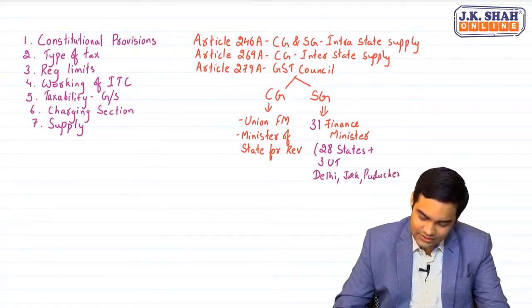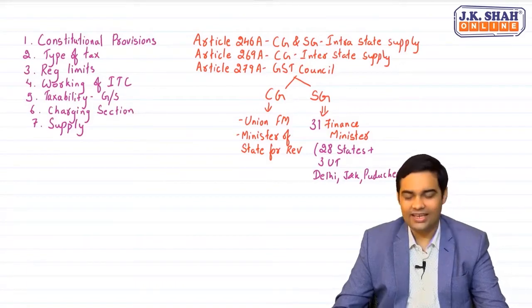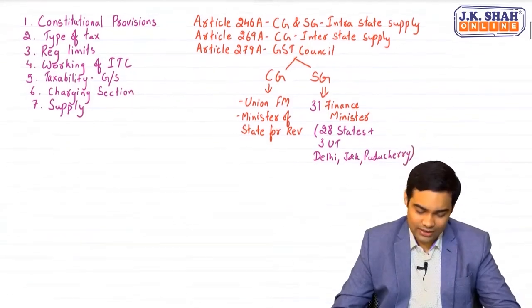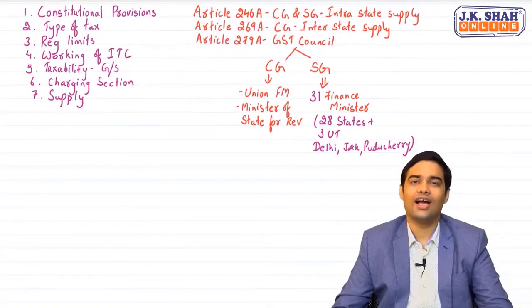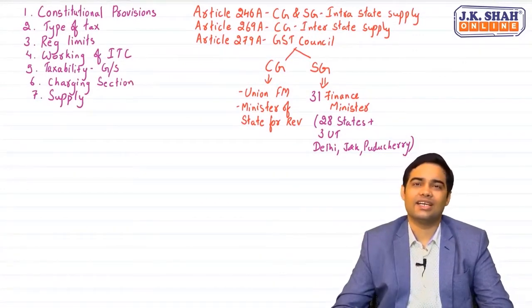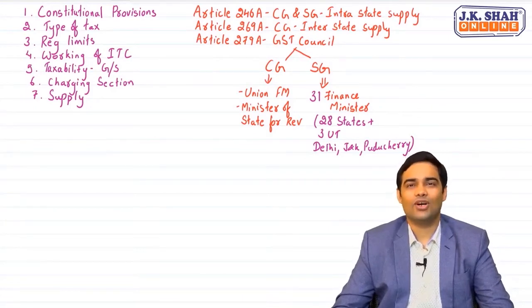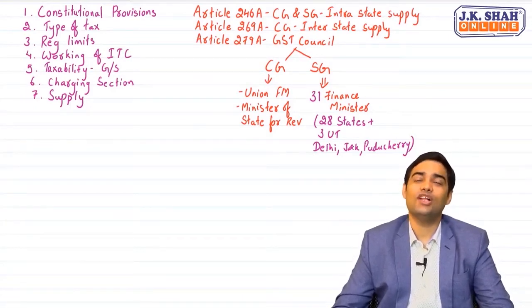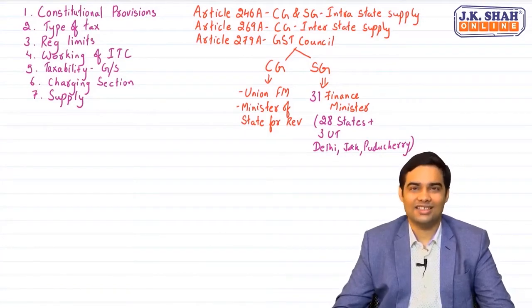The next question which arises is, what is the voting power of central government and state government in GST Council? Why is it important? It is very important just to check whether all the 31 finance ministers can come together and pass a decision.